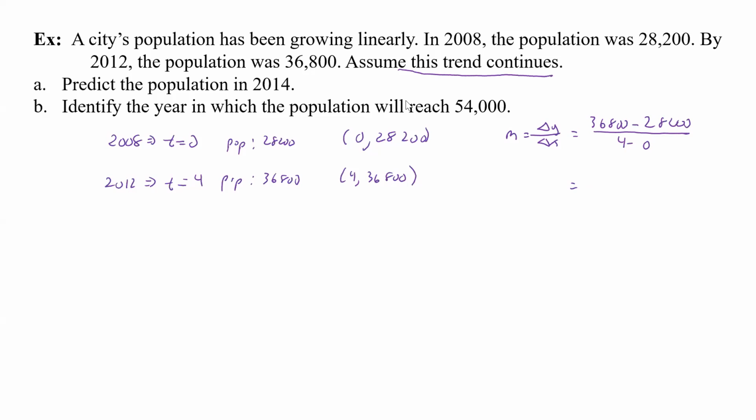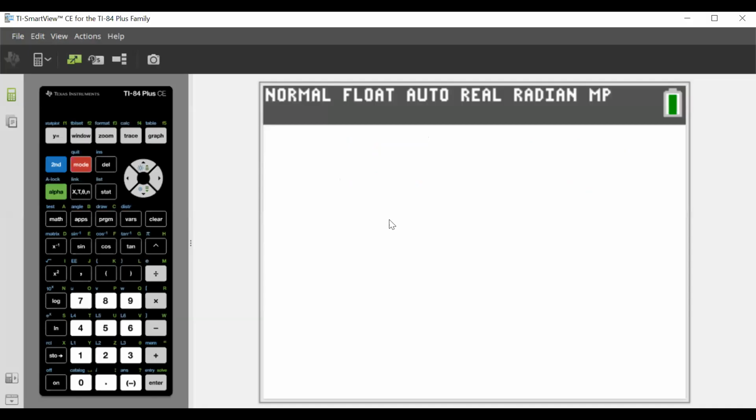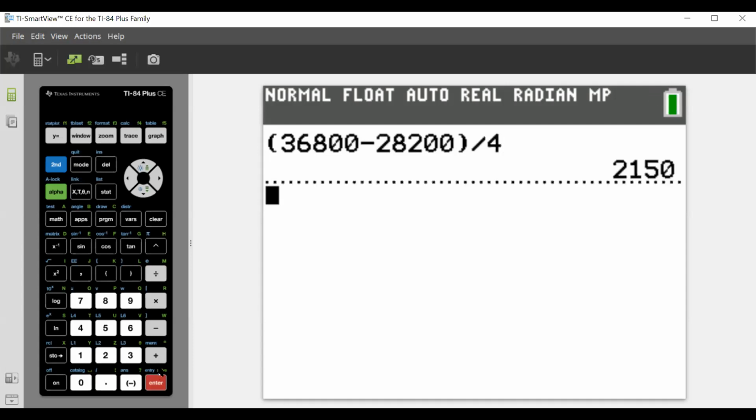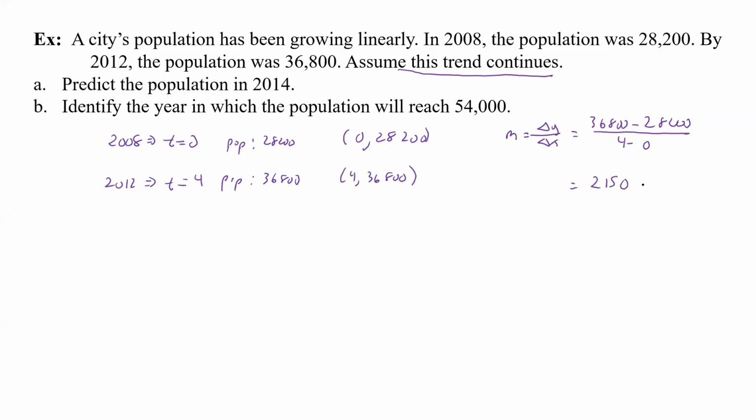So we have 36,800 minus 28,200 divided by 4, and we get 2150. So 2150 is going to be our slope.